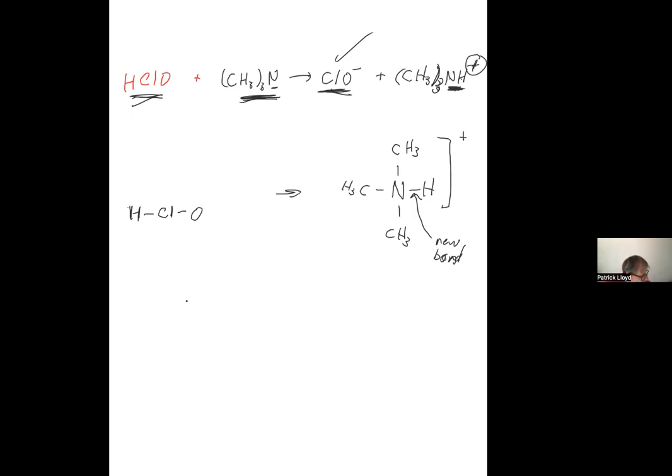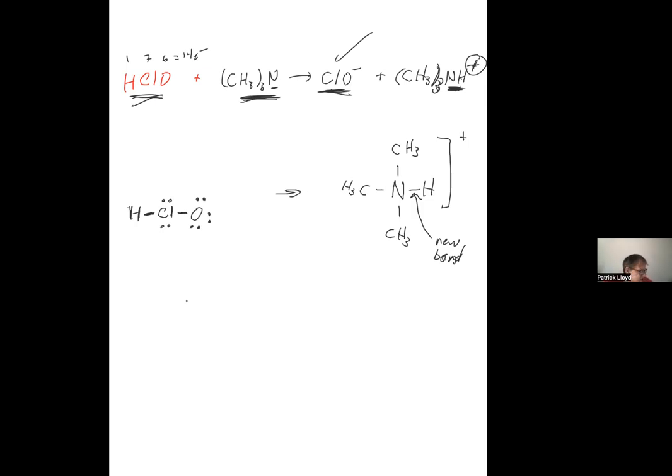Really briefly, there's 1, 7, 6, so there's 14 electrons for this one. I've already got 4 here, so we'll make it 6, 8, 10, 12. That doesn't really work. It looks like we're going to have single bonds.